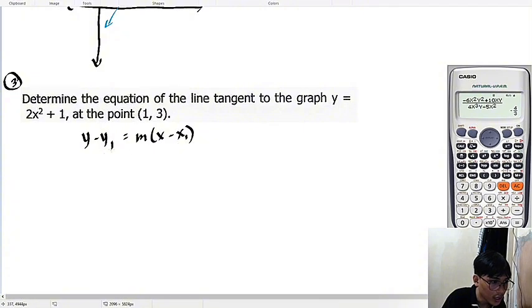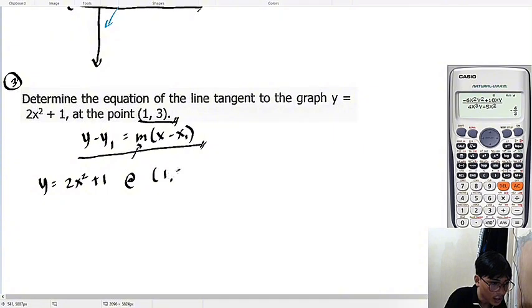Knowing that we have y sub 1 and x sub 1, which is the given 1 and 3, but we don't have the slope of our tangent line. So meaning, we have to get the first derivative of the function, and then atong i-substitute ani nga equation.